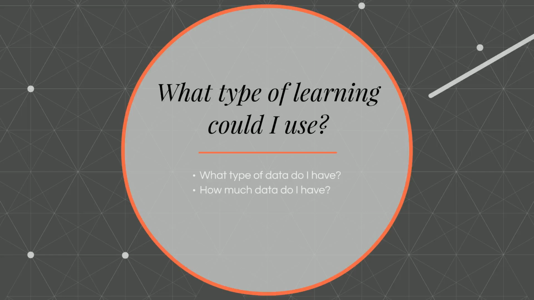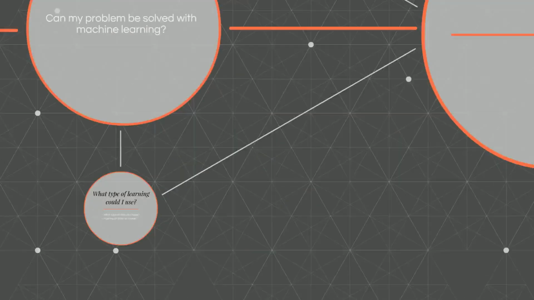The more example cases and positive and negative examples that you have, the better your algorithm is going to get. So ultimately, that is a factor to consider when you're trying to determine whether or not machine learning is even feasible for your project. But let's say that you have data and it is a particular type that you think would still work, and you have a good chunk of it, so we can move on.